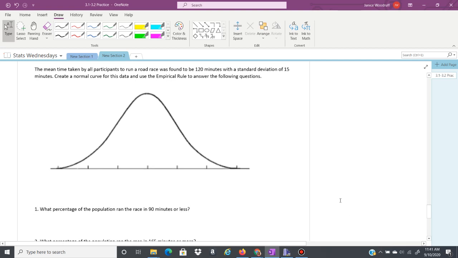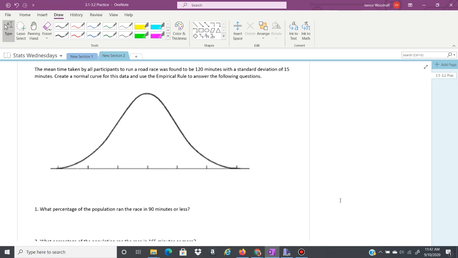All right, so the mean time, I'm going to find this. I don't have this problem in here. Okay, so the mean time taken by all participants to run a road race is 120 minutes with a standard deviation of 15 minutes. Okay, create a normal curve and use the empirical rule.